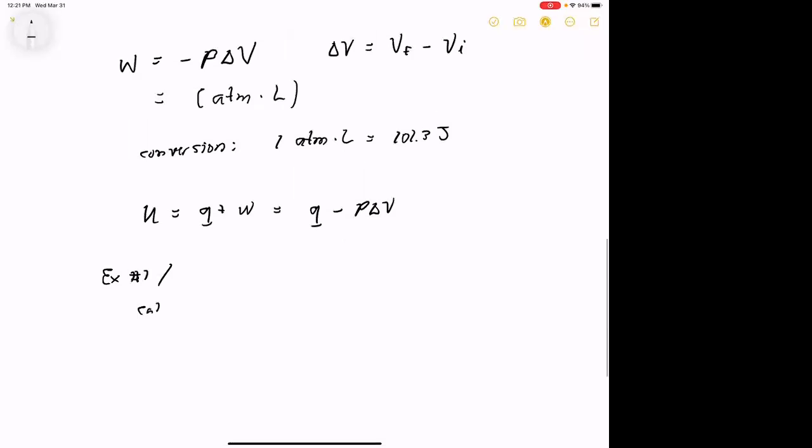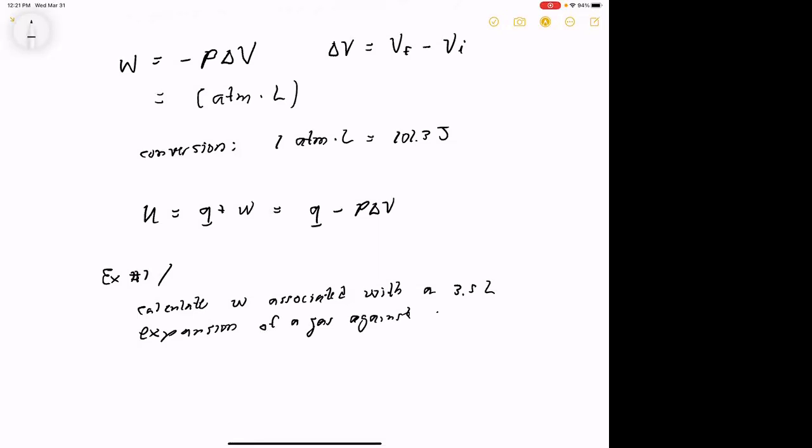We want to calculate the work associated with a 3.5 liter expansion of a gas against a pressure of, let's see, 748 millimeters of mercury.